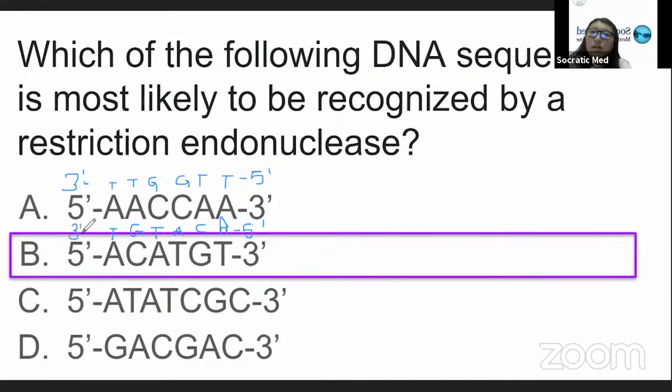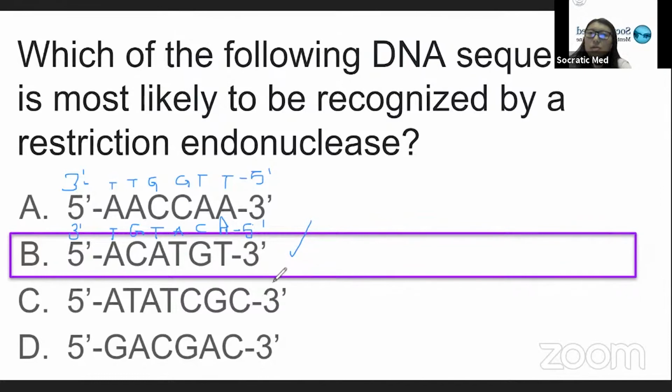So we see here that 5 prime to 3 prime in this forward direction is ACATGT. And in the complementary strand, 5 prime to 3 prime is ACATGT, which is the same exact sequence. And that's why choice B is the correct answer, with it being a palindromic sequence.